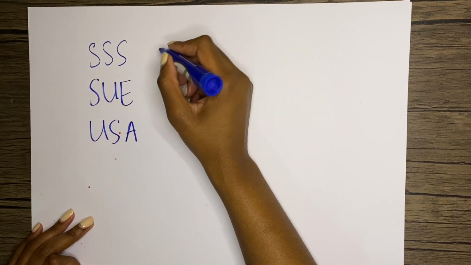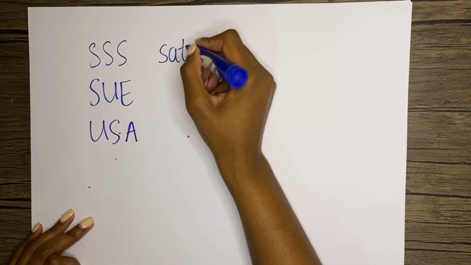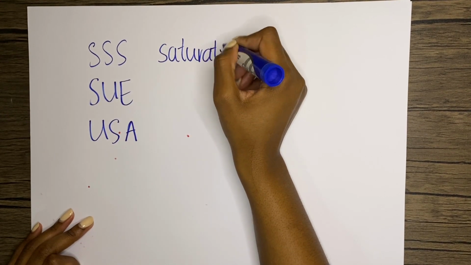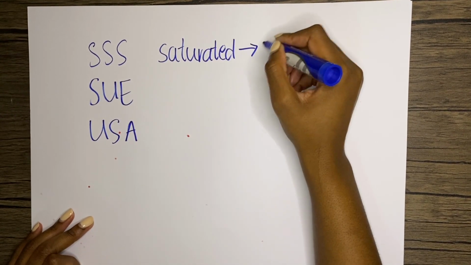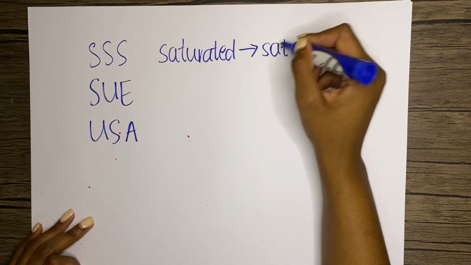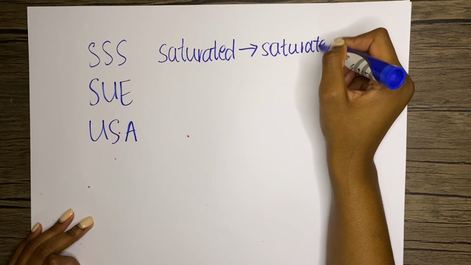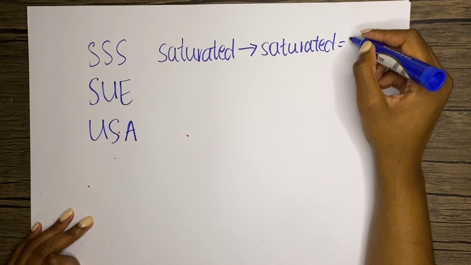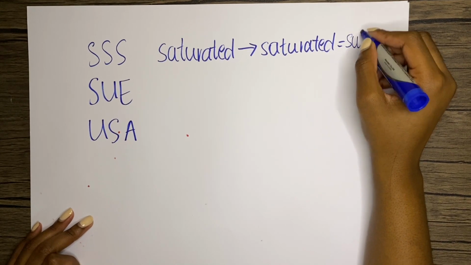Here, the triple S is saturated to saturated, is for substitution reactions.